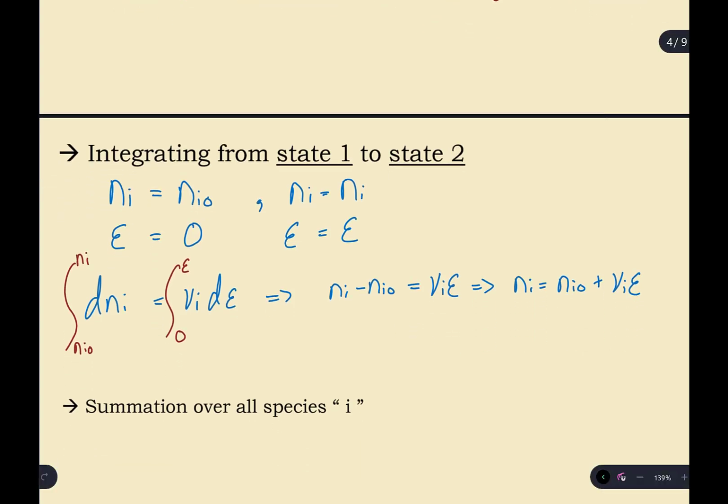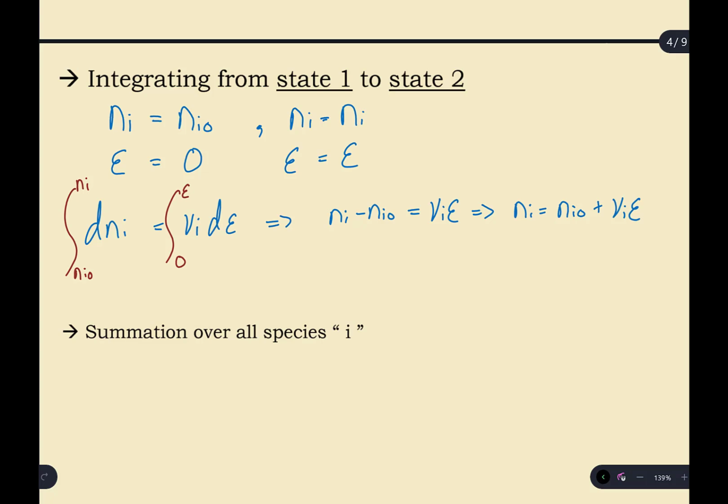Now, to find the total number of moles in my system, we sum up all of the species. That was for one species; I want the sum over all species. The total number of moles n, not n_i, is equal to the summation of all components in my system.